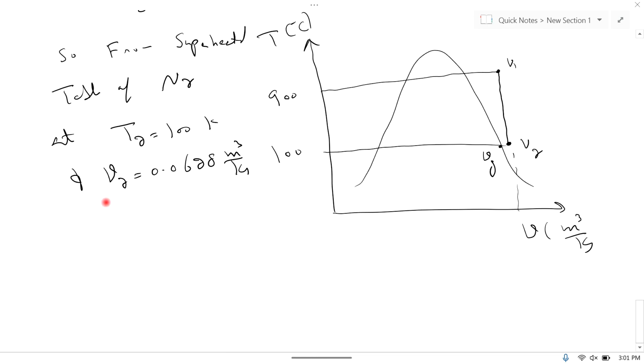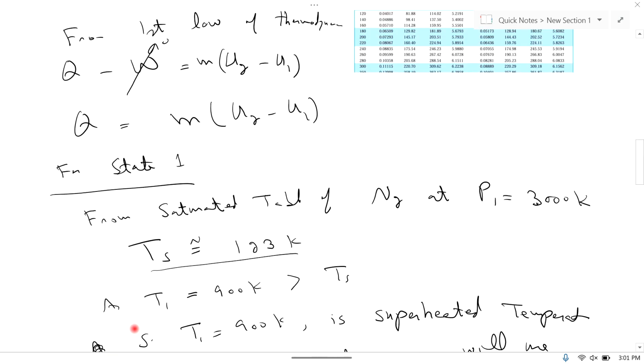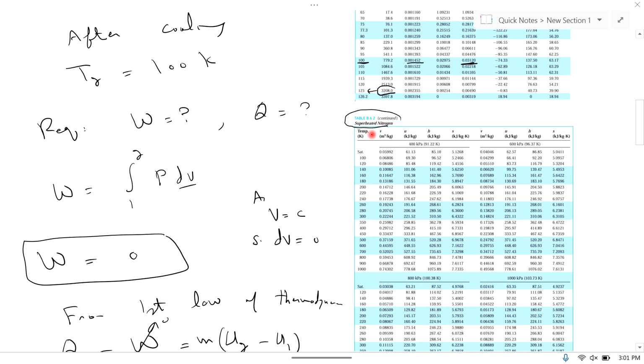Now we have to find U2 at temperature T2 is equal to 100 Kelvin and V2 is equal to 0.0628 cubic meter per kg. So if we check table, 100 Kelvin is available in the superheated table. This is superheated nitrogen, this is temperature in Kelvin, and 100 is available, but volume is 0.06806, and here at 100 Kelvin volume is 0.04299.